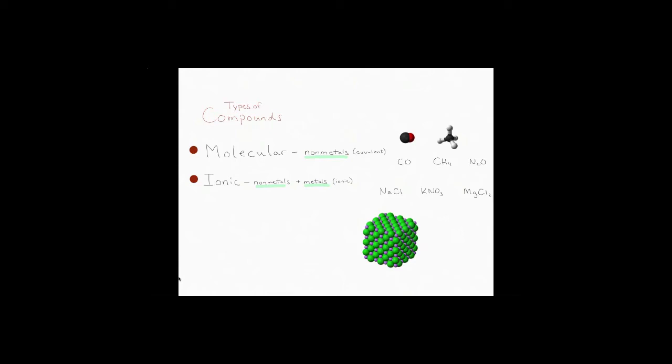Now, the difference between the molecular and ionic compounds is that while molecular compounds tend to have discrete molecules held together by covalent bonds, ionic compounds are ions held together in these large networks of ionic bonds. So these ions are held together by their opposite charges in a sort of a large network, which is why you have carbon monoxide, which is a gas under normal conditions, whereas sodium chloride, because it's a large aggregate of ions, is a solid.